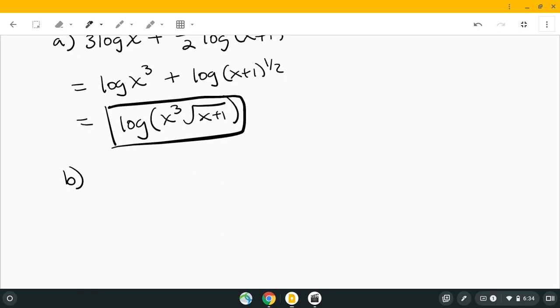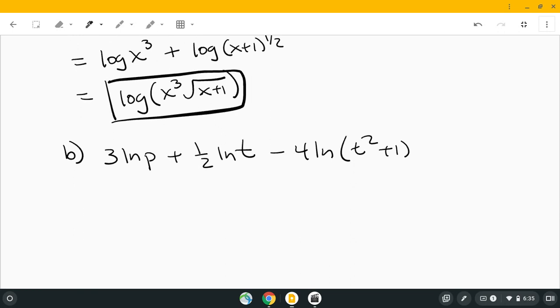Okay. Suppose that I have this here, 3 ln p plus 1/2 ln t minus 4 ln of t squared plus 1. Again, here I have all of these coefficients, so I'm going to put them back in their exponent positions.